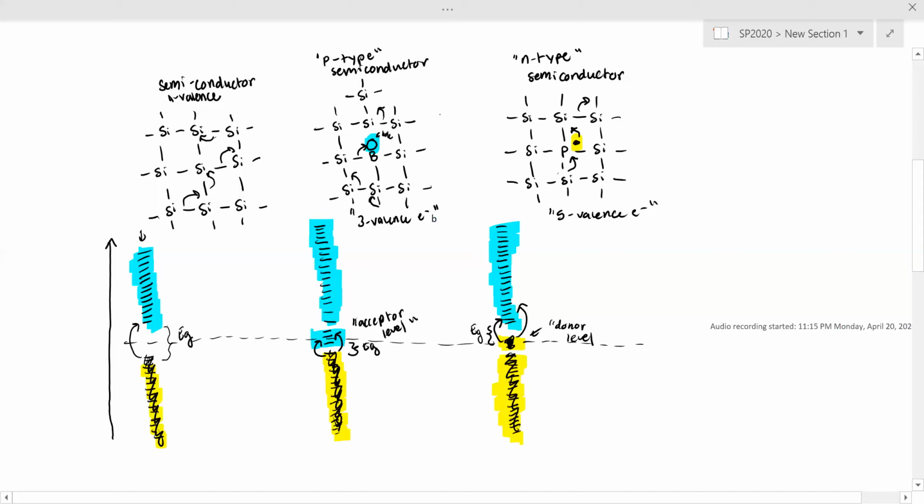So in order to increase the efficiency and the conductivity of a semiconductor, you can introduce other substances into the crystal. In this case, for example, we have doped it essentially with boron. And what you can see is that boron has 3 valence electrons.